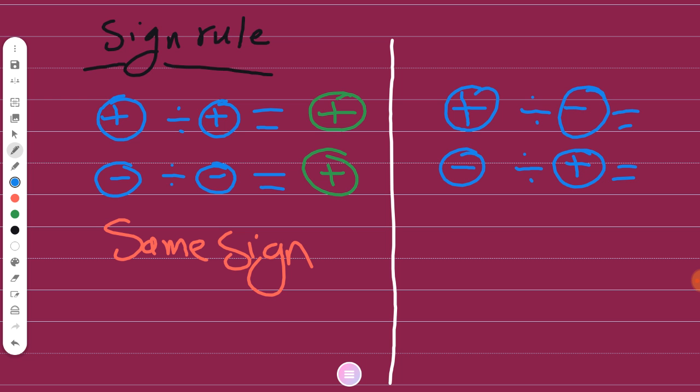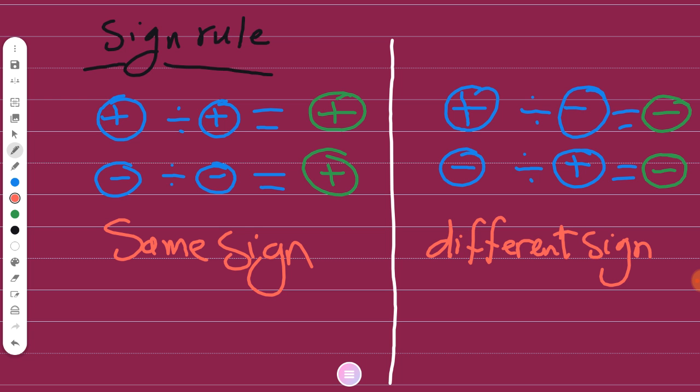The result should be what? Yes, in case of different signs, the same as the rule of multiplication, it will give us negative sign. Okay? This is the case of different signs. Okay, you get the point?